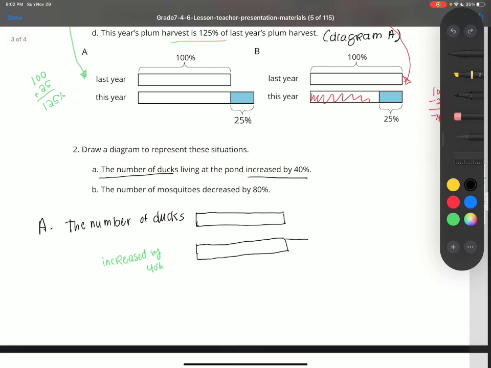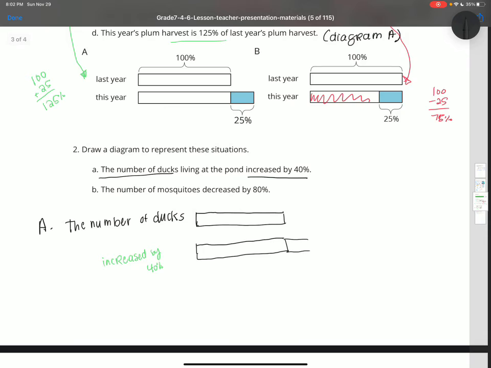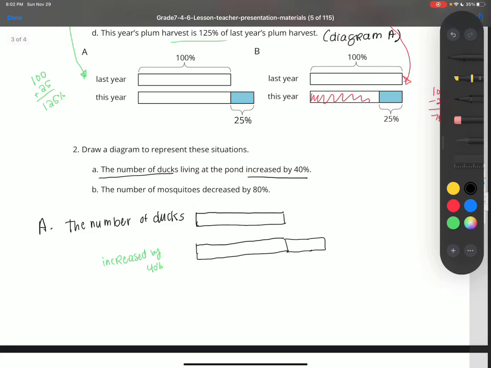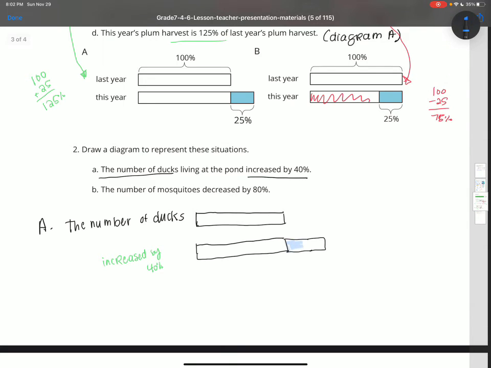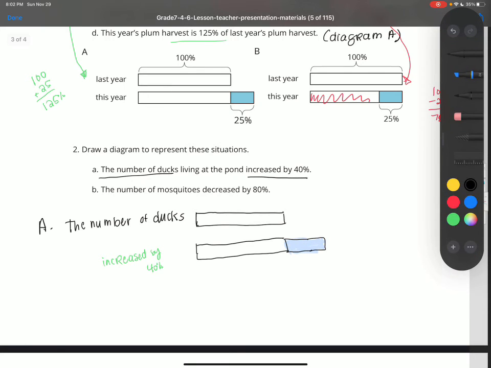Keep in mind, even though we don't know exact numbers, we don't want to draw the piece so that it's equal to the tape diagram. We want to draw a nice little chunk that could possibly represent 40%. I'm going to highlight in blue to keep the same theme as the book, and we're going to let that represent 40%.